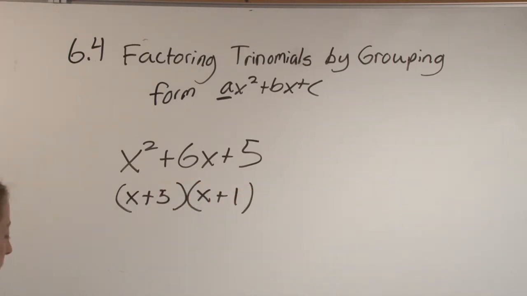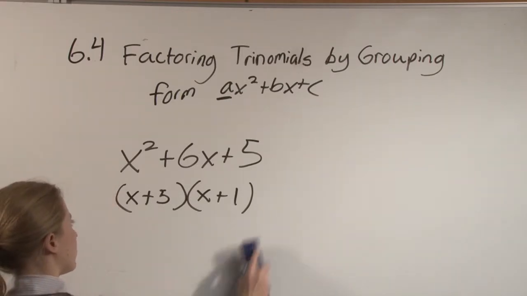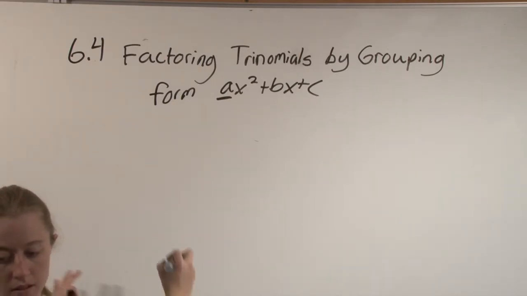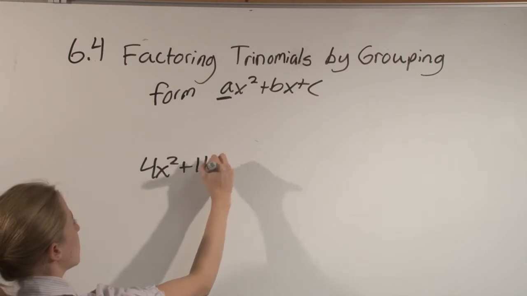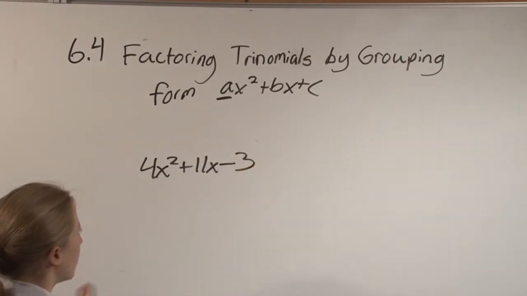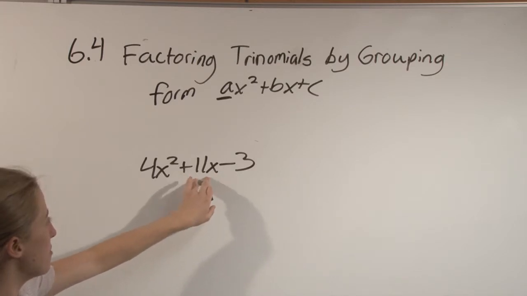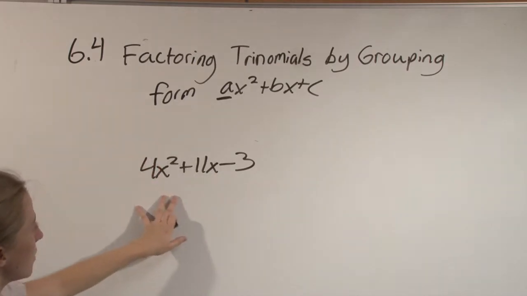But if I have something like 4x squared plus 11x minus 3, I can't find two factors of 3 that add to 11 because one of them is going to be multiplied by something that isn't 1.